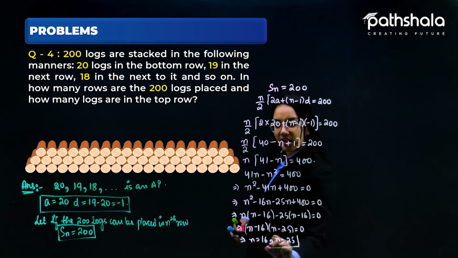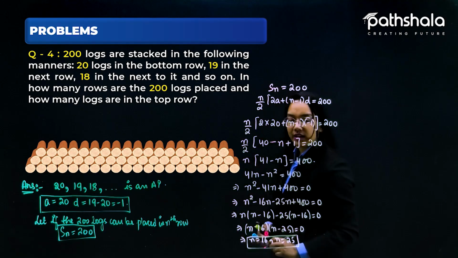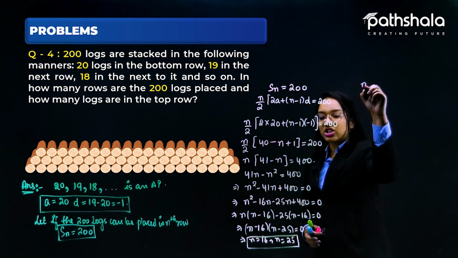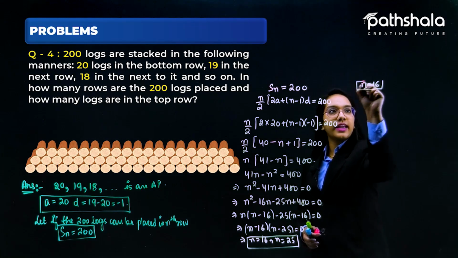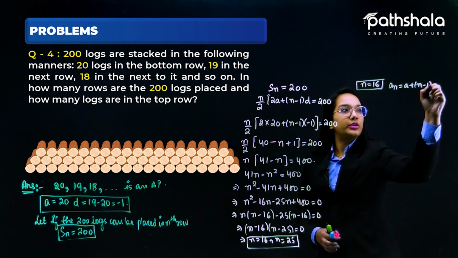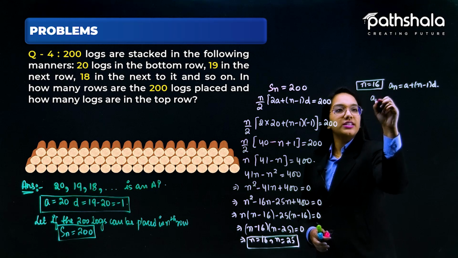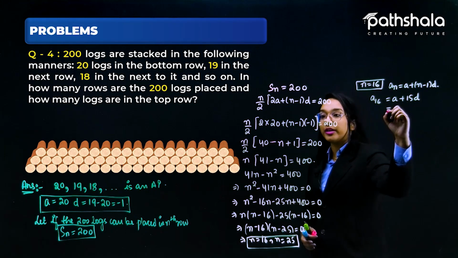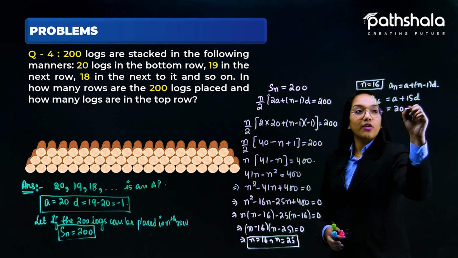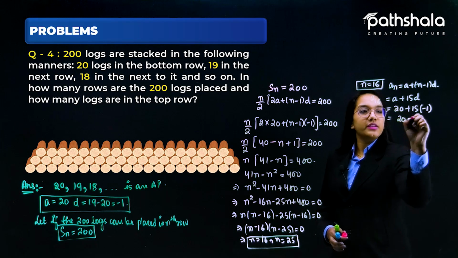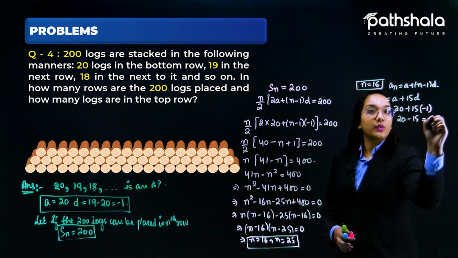Now let's calculate for n as 16 and n as 25. If I am calculating n as 16, then an is a plus n minus 1 into d. So a16 is equal to a plus 15d. The value of a is 20 plus 15, common difference is minus 1, so this would be 20 minus 15, which is equal to 5.